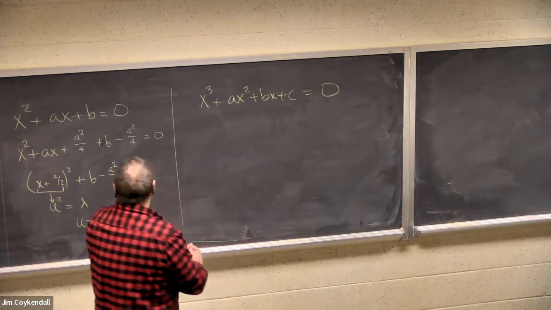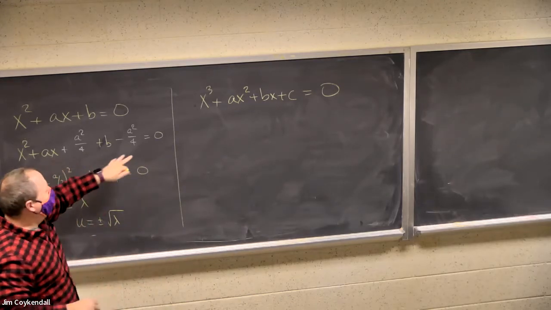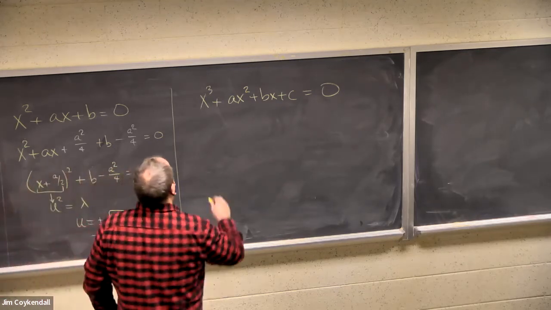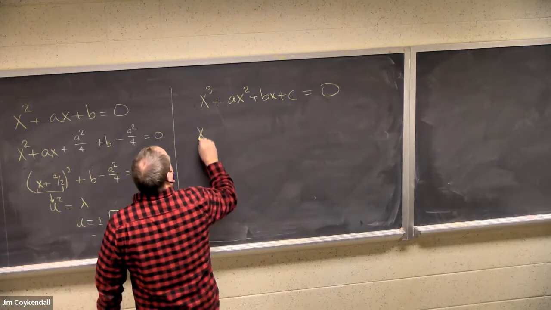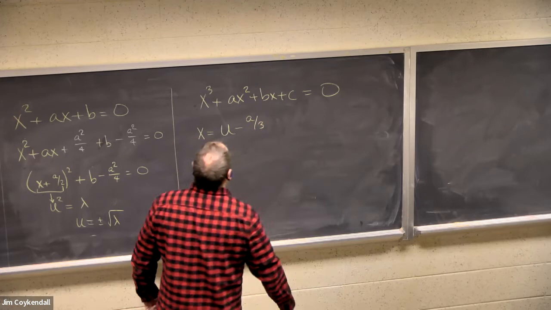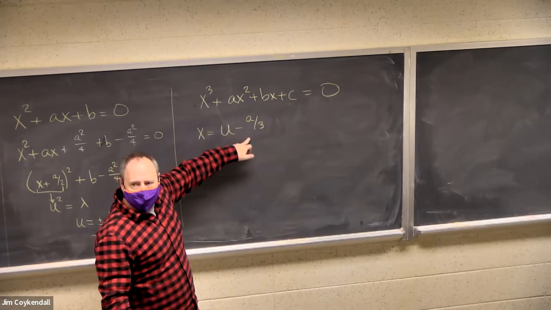And this time I want to do a trick that's similar to completing the square that will make this thing look a little bit easier. So let us let x equal u minus a over 3, whatever this thing is, I'll take a third of it.